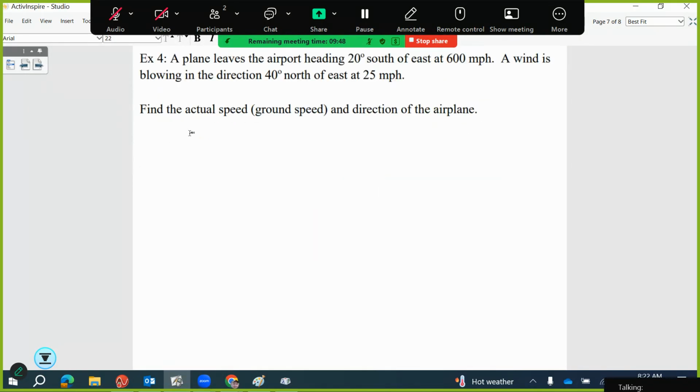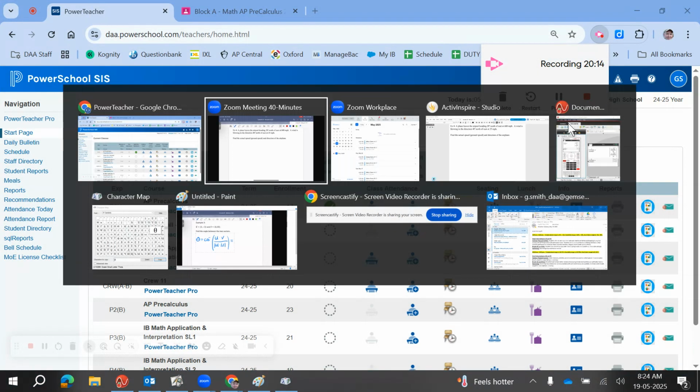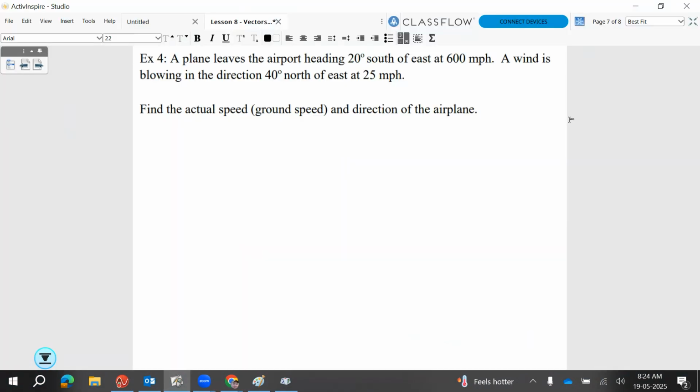Okay, have a go at solving this problem. Okay, so we've got a plane leaving the airport heading 20 degrees south of east at 600 miles per hour. Start by trying to make sense of this problem by drawing a sketch. So I'm going to start off with some compass axes like this.